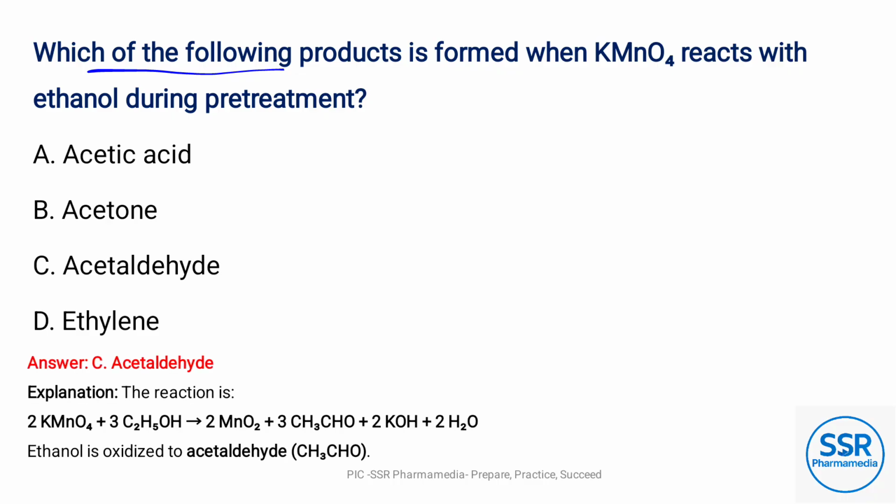The answer is option C, acetaldehyde. Potassium permanganate reacts with alcohol to form manganese dioxide, a brown precipitate. After that it forms acetaldehyde, potassium hydroxide and water. So the alcohol is oxidized to acetaldehyde.